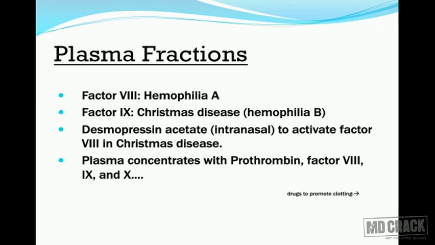All these are the plasma fractions which could be used in certain situations. I'll keep the slide for a few seconds so that you can have a look at this and revise yourself. Factor 8, hemophilia A, factor 9, Christmas disease, desmopressin acetate intranasally to activate the factor 8, and the plasma concentrates with prothrombin, factor 8, 9, 10.